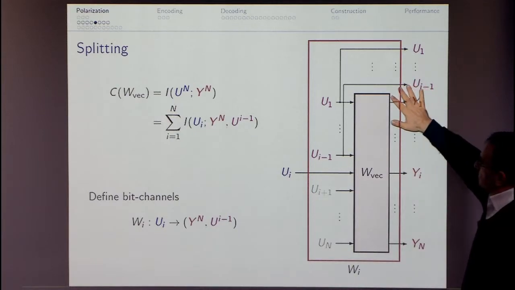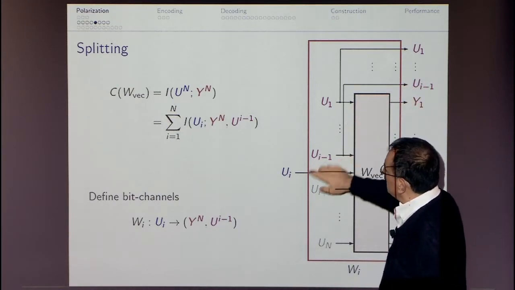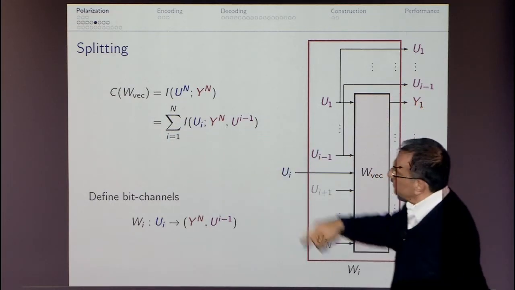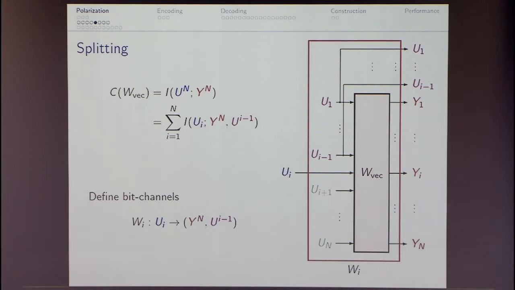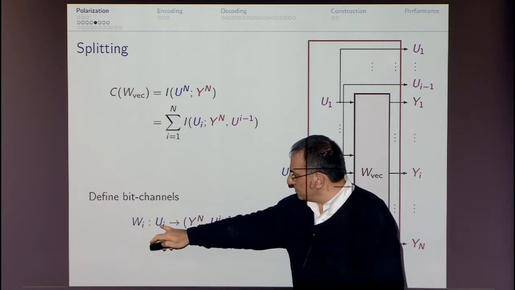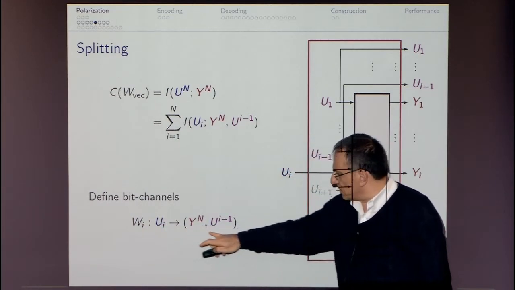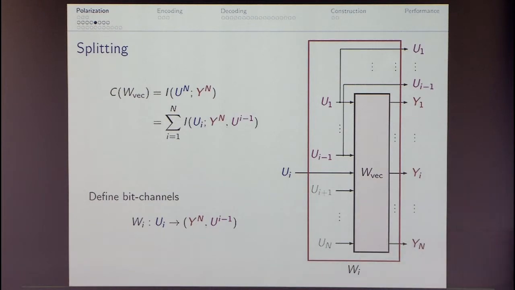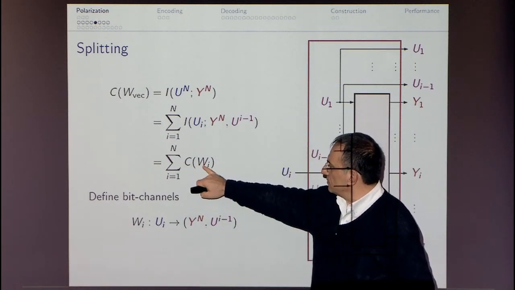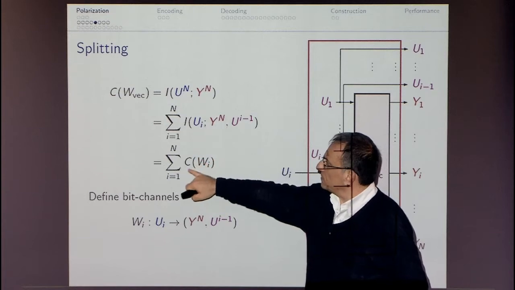Okay, so what we see here is a binary input channel, and the capacity of this channel is equal to that term. Okay, so this is the splitting operation. The ith bit channel, denoted by W_i, has input U_i, and this entire collection of random variables as its output. So the capacity of this bit channel is equal to that. It's equal to this one.